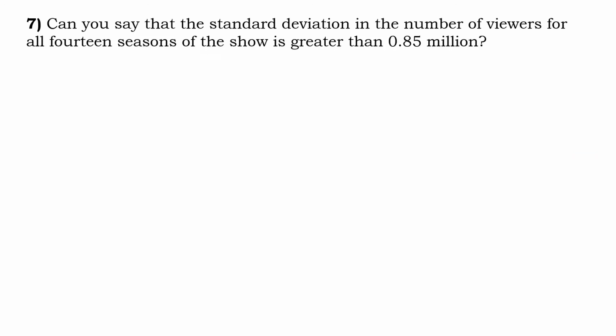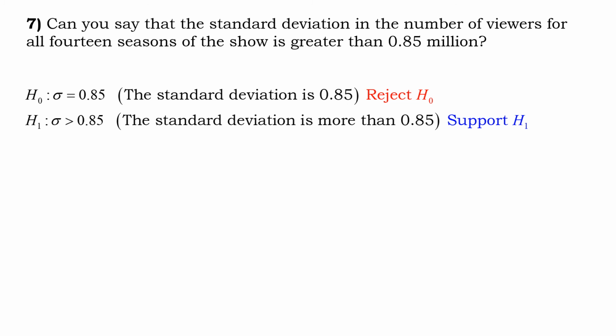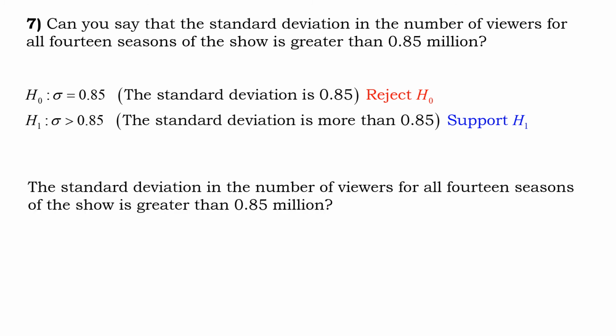So the question we were asked was if we could say the standard deviation in the number of viewers for all 14 seasons of the show is greater than 0.85. Again, we're supporting that alternative hypothesis. So we're declaring something to be true, so we're just going to make a statement. Here is the truth.